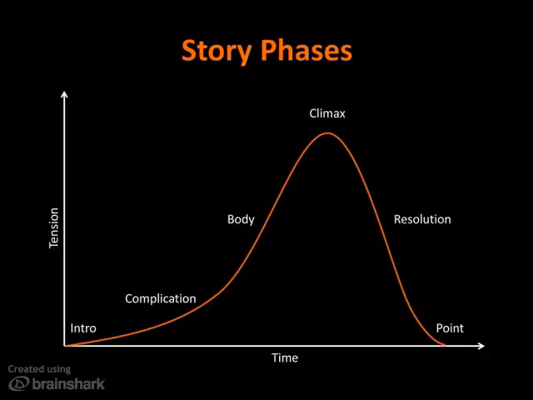Typical phases for the story are introduction, introducing the character or the context; complication, introducing the problem; body, a series of smaller events and challenges; climax, solving the main problem; resolution, a series of smaller challenges resolved; and finally the point where the moral of the story is revealed.